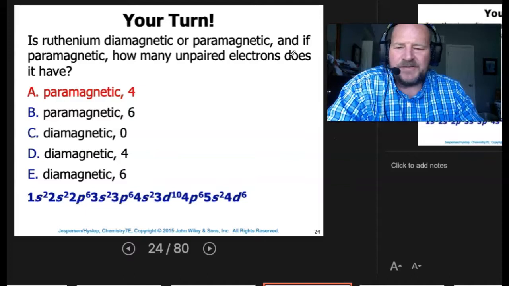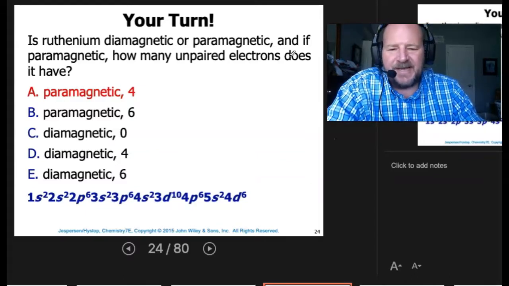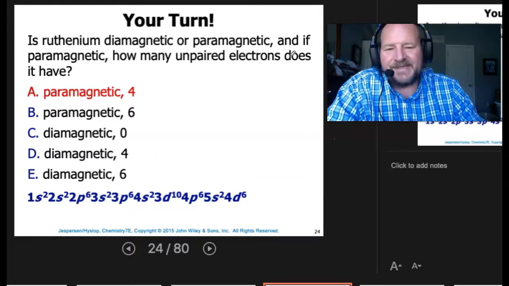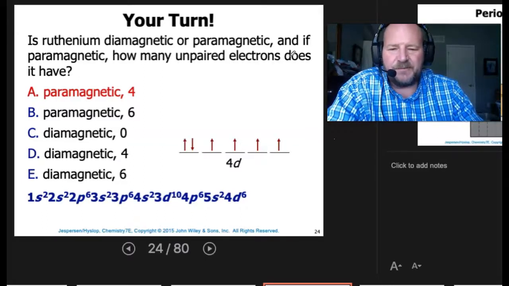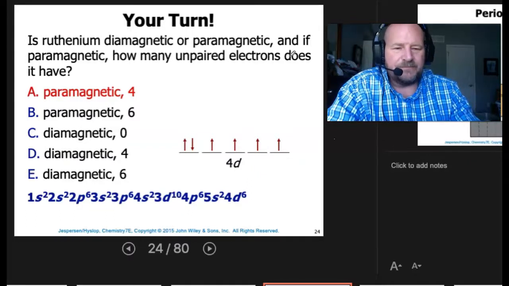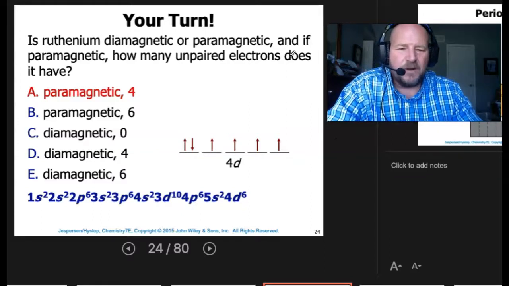So you end up with 1s2, 2s2, 2p6, 3s2, 3p6, 4s2, 3d10, 4p6, 5s2, 4d6. And then when we write it all out, we get into that d, we have 5 spaces, and so we get 1 pair and then 4 of them individual. Okay. Again, the more electron configurations you practice, the more quantum numbers you practice, the easier it will get.